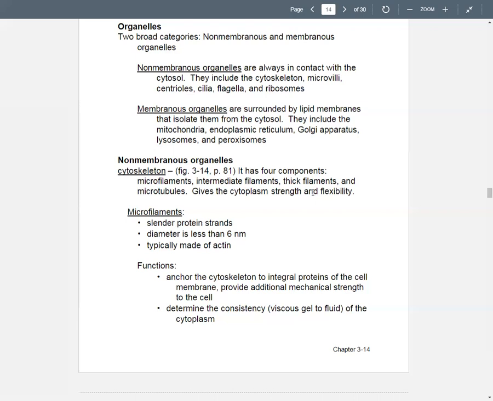They give the cell additional mechanical strength. They also help to determine how thick the cytoplasm is, whether it's more fluid or more viscous.